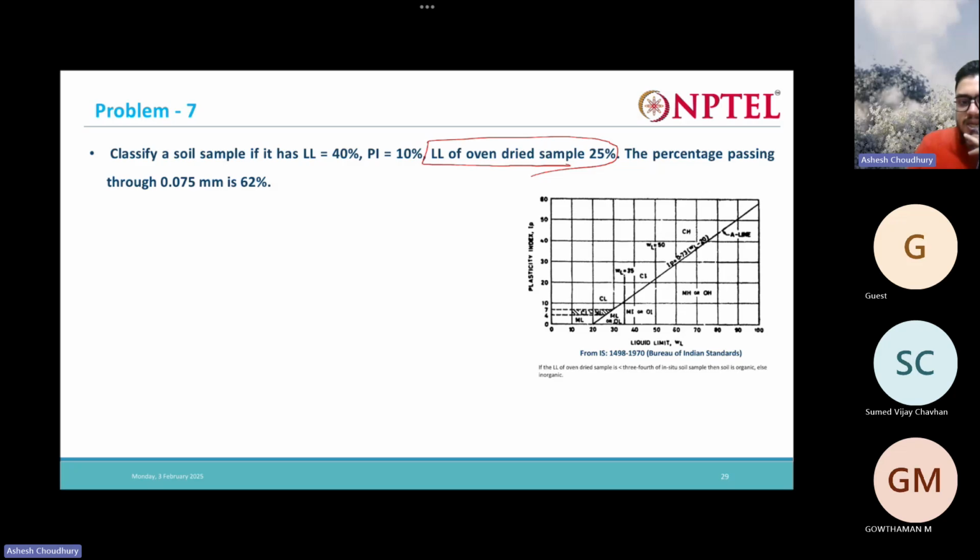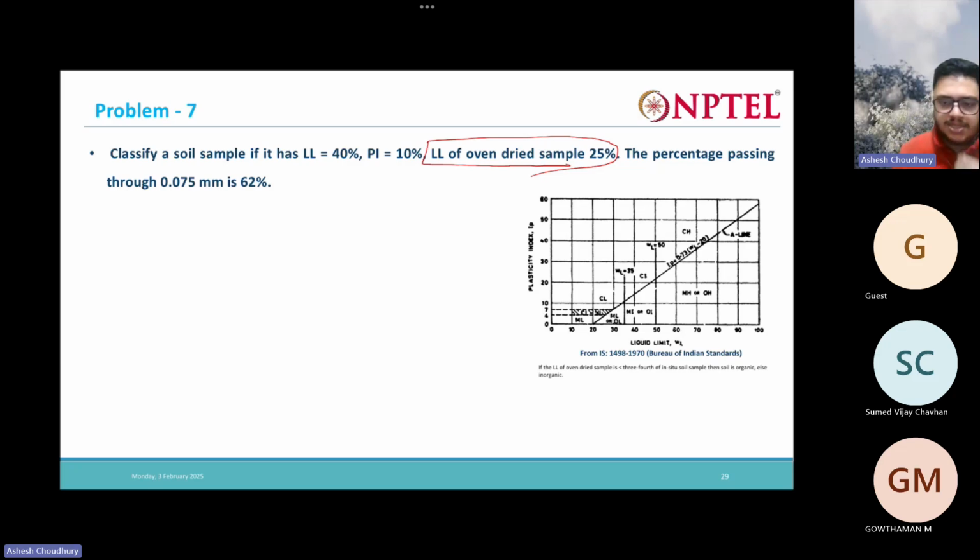The soil is coarse grained soil or the soil is fine grained soil?